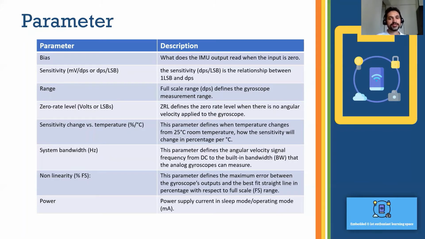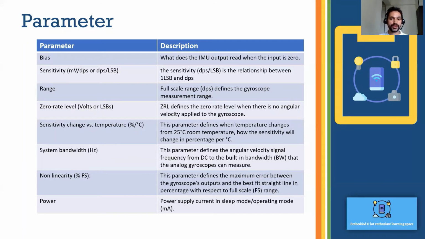The relationship between one LSB and DPS is measured as sensitivity. So sensitivity is another factor we need to consider while selecting any gyroscope. Next thing is the range. What is the full scale range? From a degrees per second point of view, it is the measurement range of the gyroscope that we are evaluating.